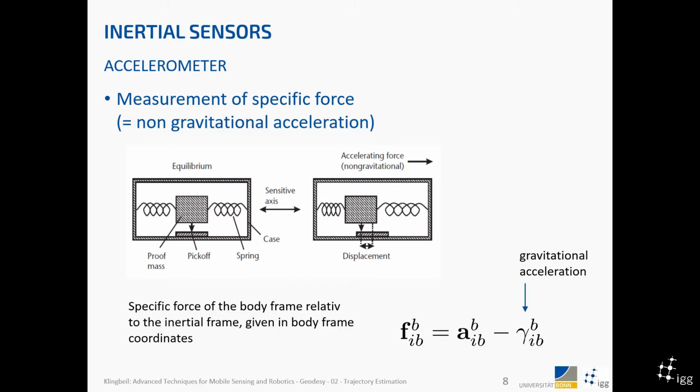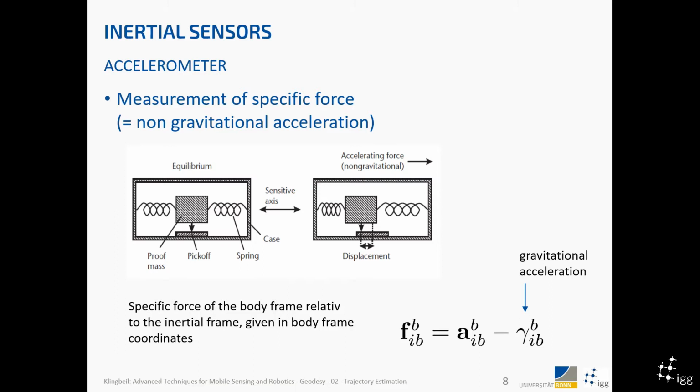What we see here is the working principle of the sensor. Usually it's a proof mass which is fixed between two springs, and as soon as there is an accelerating force applied to that sensor, the proof mass inside is moved toward that direction.